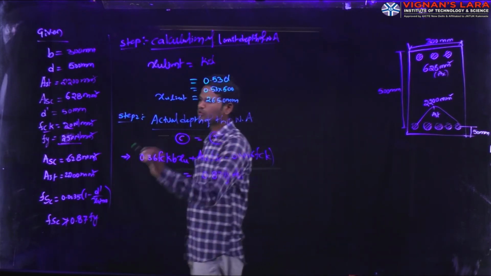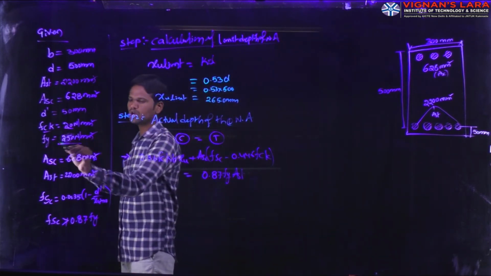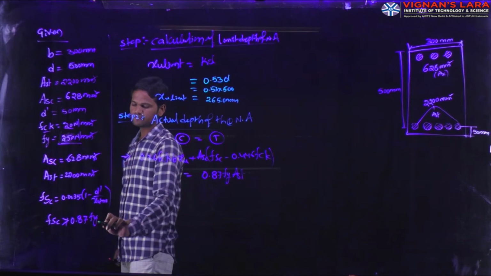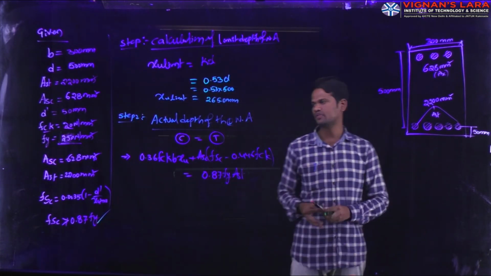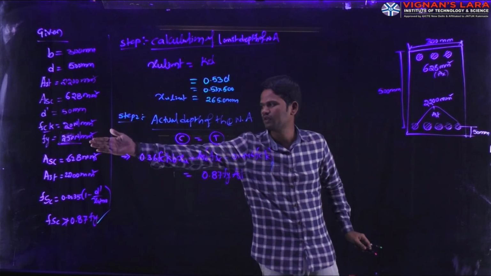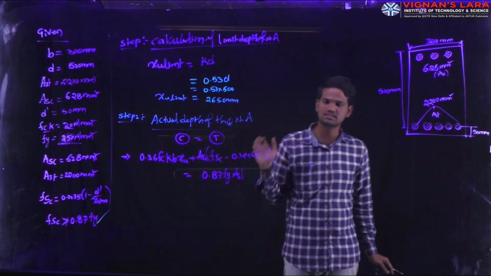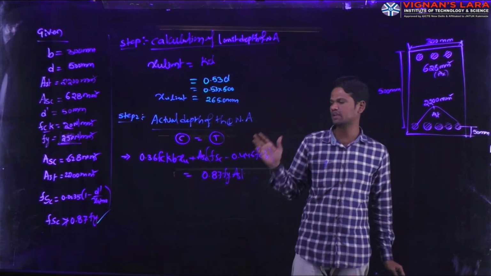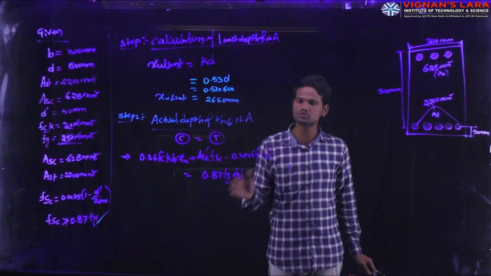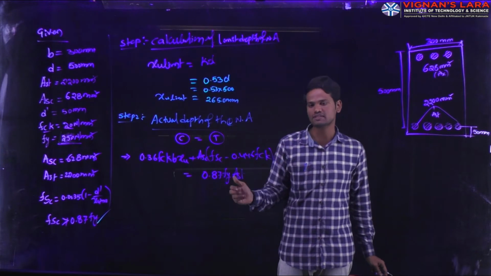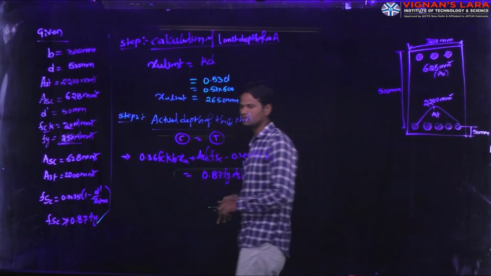For Fe 250 grade, we calculate the FSC value by substituting 0.87 into Fy. If the characteristic strength of steel is given in the problem as Fe 250, then directly we use FSC as 0.87 into Fy.